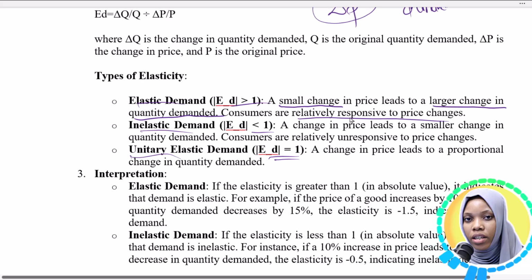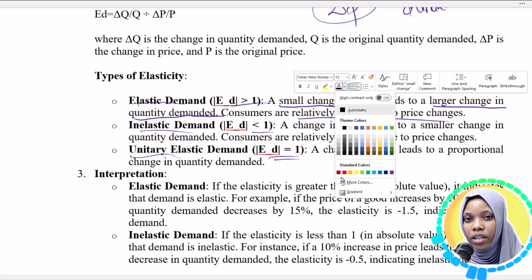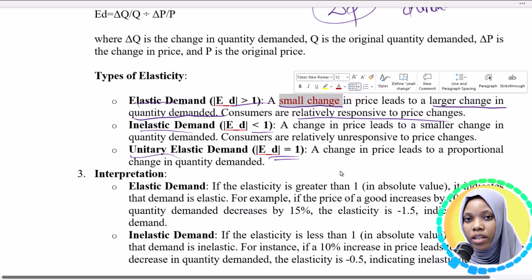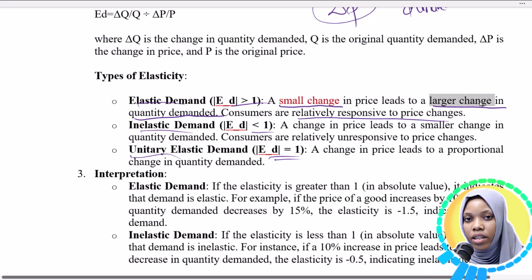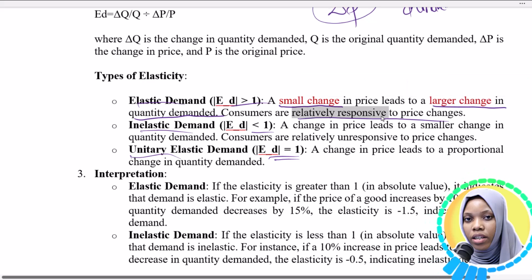Let's use a different color here so that you can see properly and clearly. So a small change leads to a larger change, and the consumers are relatively responsive.